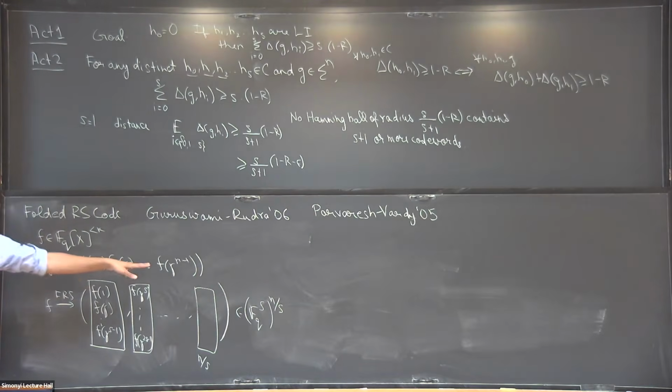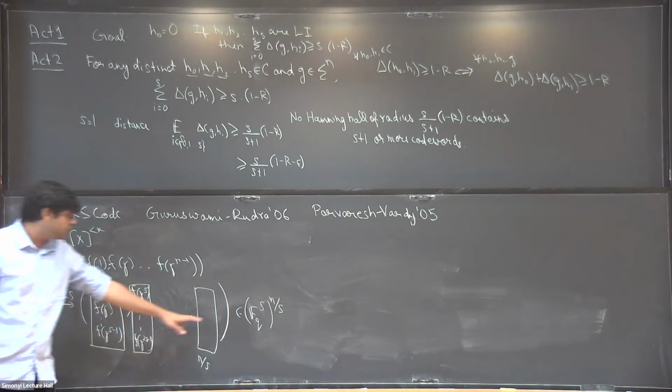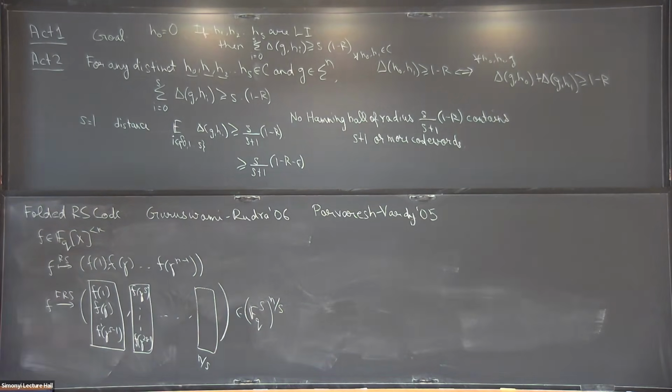So we take all the n evaluations, but bundle them differently. The first S evaluations here, F1 through F gamma to the S minus 1, I call a single new symbol. And that is going to be an element of FQ to the S. Likewise, the second symbol will be the next S symbols and so on.